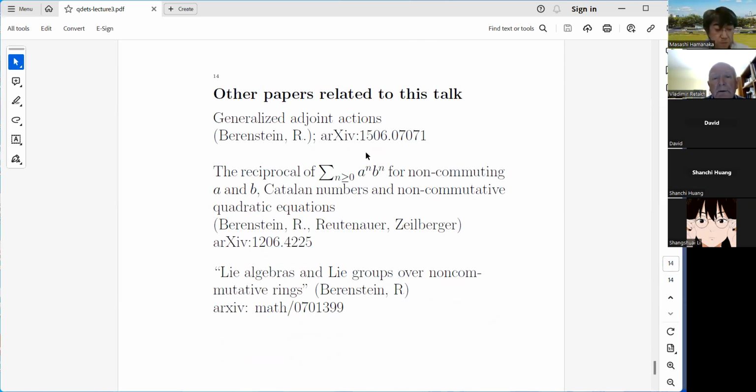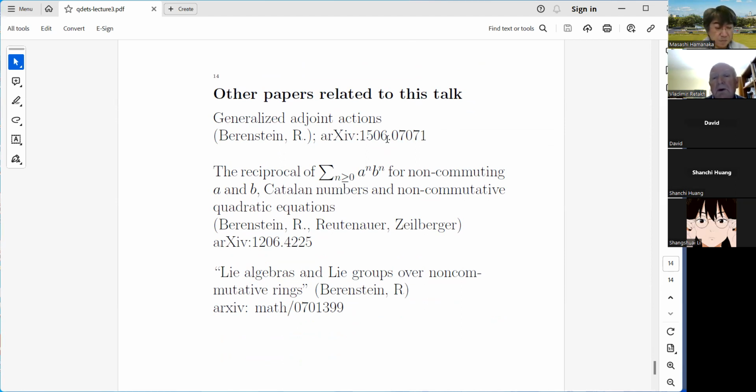One paper is joint with Arkady Bernstein. It's called Generalized Adjoint Action. Let me explain that when you have a variable y and a variable x in the commutative case, then you can just consider this conjugation, e to the x, y, e to the minus x.